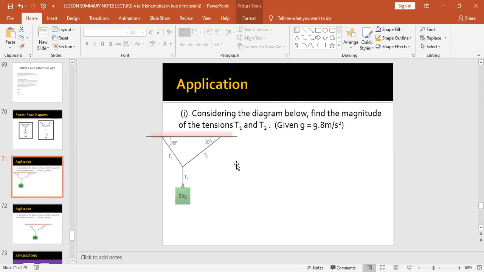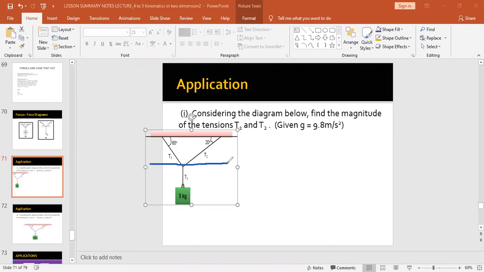Looking at these forces here, let me put it this way. My diagram is not too good. Let me try again. So we draw a horizontal line here.